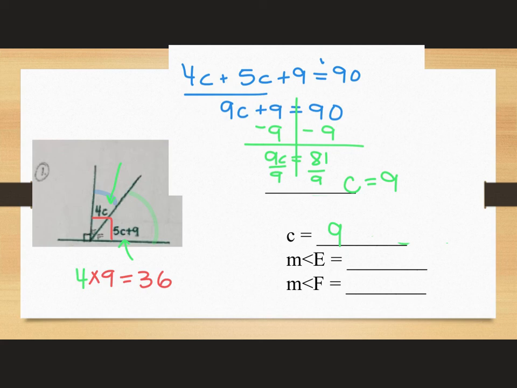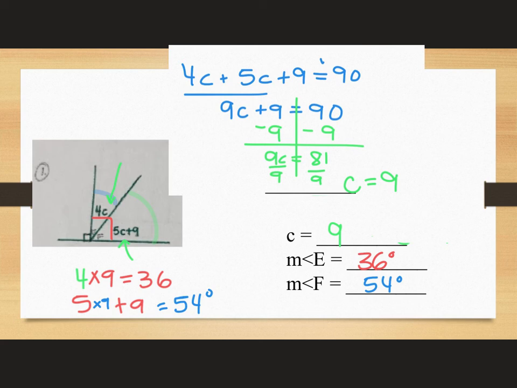That means the measure of angle E is 36 degrees. Now the same thing, we had 5C plus 9, so we substitute 9 for C, which is 5 times 9 plus 9. 5 times 9 is 45, plus another 9 would be 54. So 54 degrees is the measure of angle F.